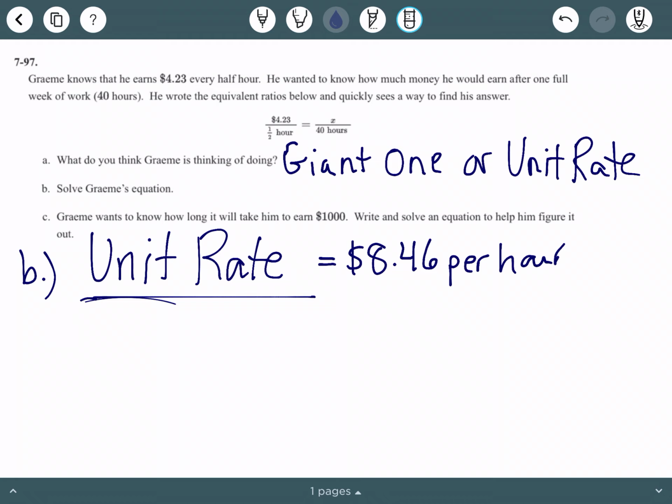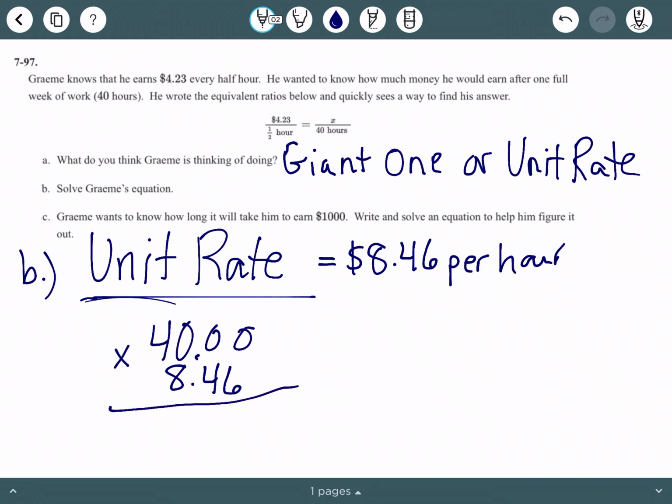So now it says we need to solve his equation. Using this information to figure out how much money he makes in 40 hours, what I can do is 40 hours, and I can multiply by the amount of money that he makes per 1 hour.